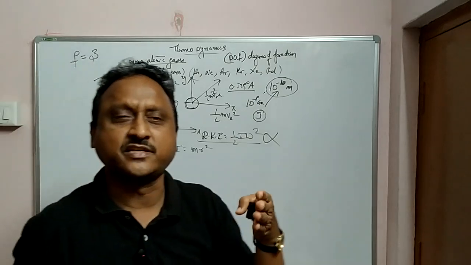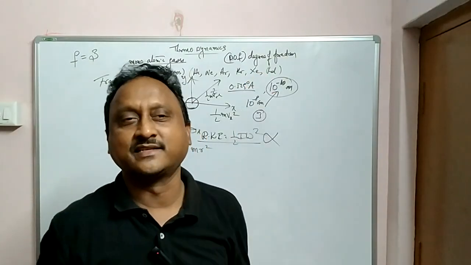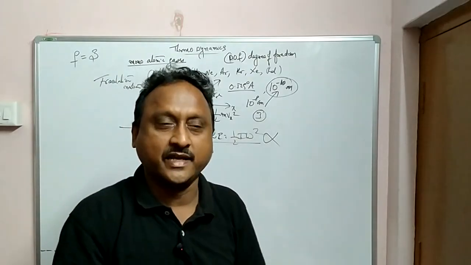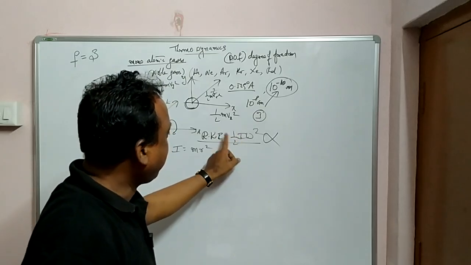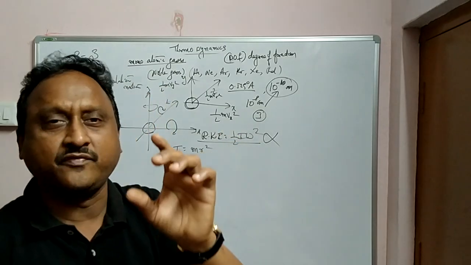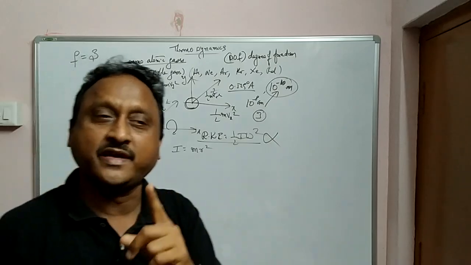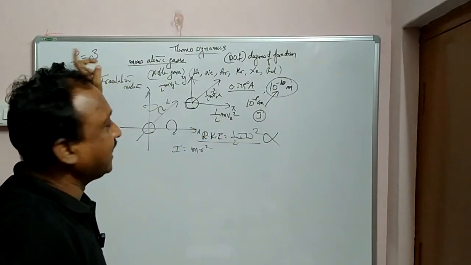We take only the translation motion: X direction, Y direction, Z direction. In rotation, the radius is very small so it is neglected; half I omega square, the moment of inertia is very small, so it is considered as 0. So for monoatomic gases, the F value, degree of freedom, is taken as 3 only.